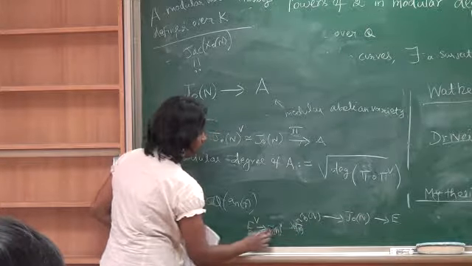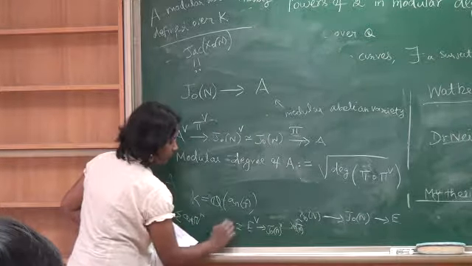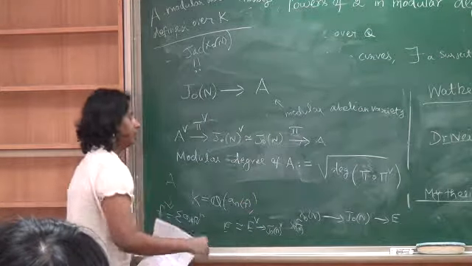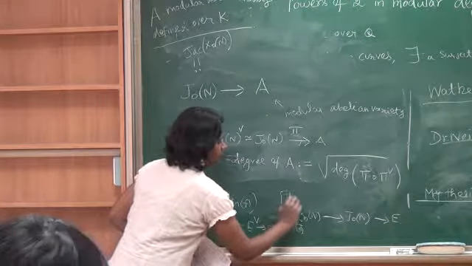So E dual is isomorphic to E in the elliptic case, and the composition will be multiplication by the degree of phi.